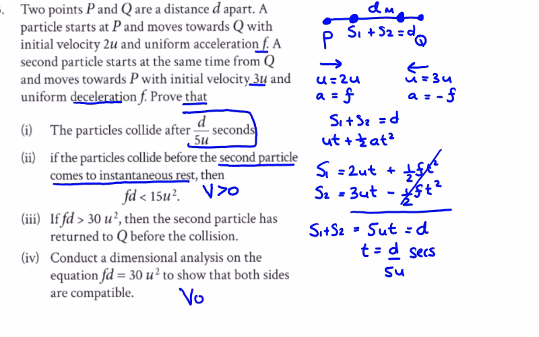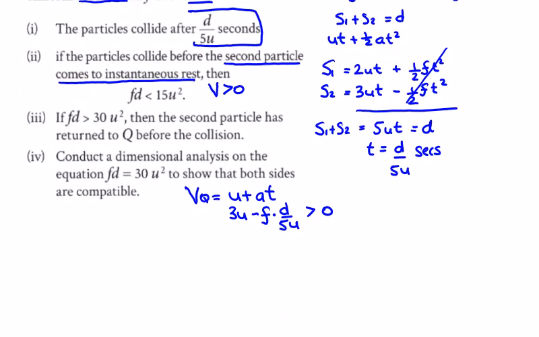The velocity of Q is equal to u plus at. Its initial velocity is 3u, and its acceleration is minus F, and the time taken is D over 5u. And we're saying that this is going to have to be greater than 0.